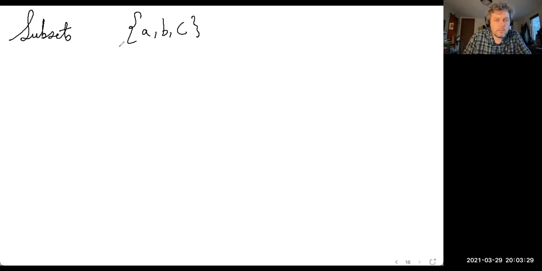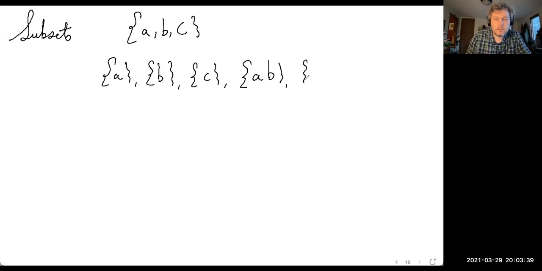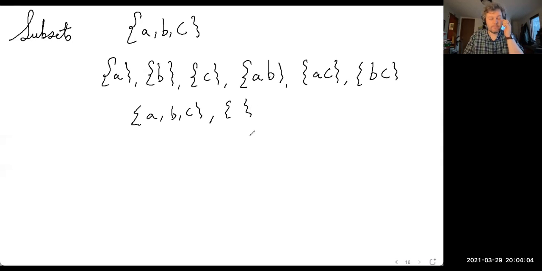So the subsets would be A, B, C, A, B, A, C, and then B, C. That's another option. A, B, C, A, B, A, C, B, C, and then of course you have the whole set. 1, 2, 3, 4, 5, 6, 7. Did I forget anything? Oh, you know who we can't forget? The empty set. So I think that's all of them.